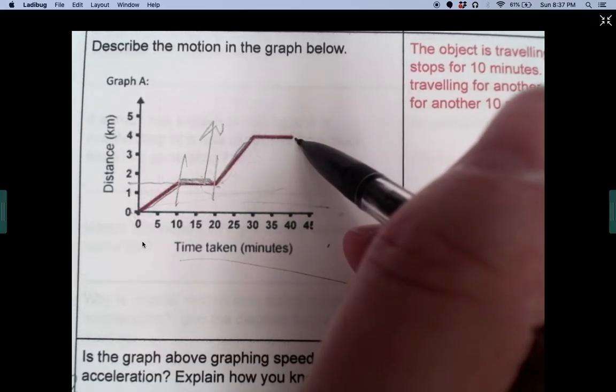Now, if I were to go back to school, let me get rid of this. Okay, so we'll say this is the stoplight by B&B.